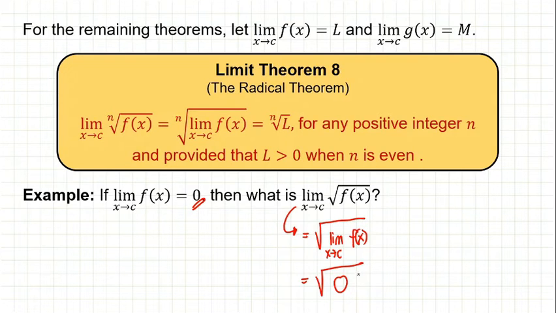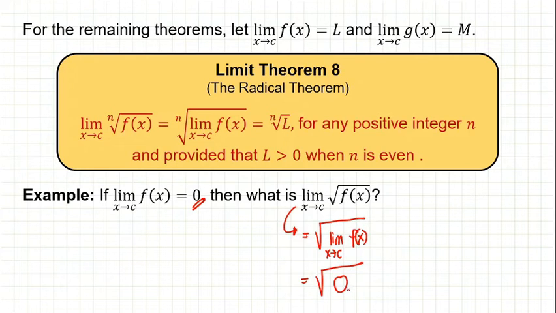Now, take note that 0 is not greater than 0. However, the square root of 0, we know that the square root of 0 is 0. And since here we are talking about the limit, and according to the theorem, if n is even, dapat yung L natin ay greater than 0. In this case, 0 is not greater than 0.